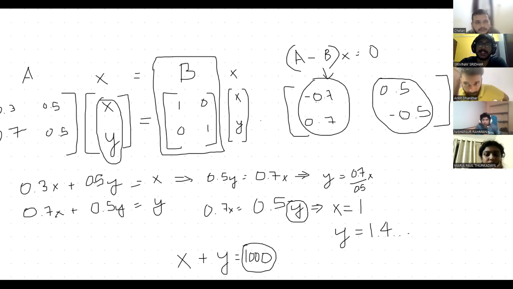Chetan, do you understand? How can you check if a 2x2 matrix has dependent columns or independent columns? Either the columns are multiples of each other or linear combinations of each other, right?